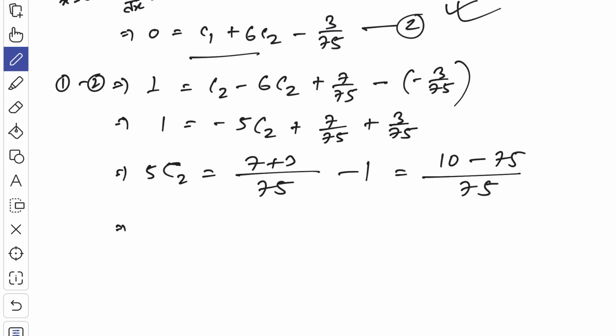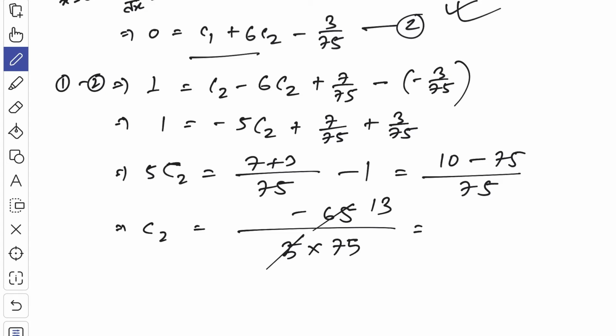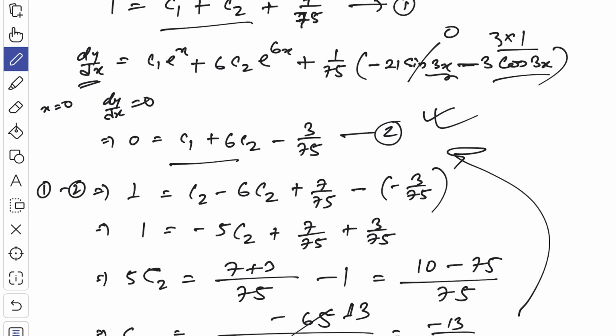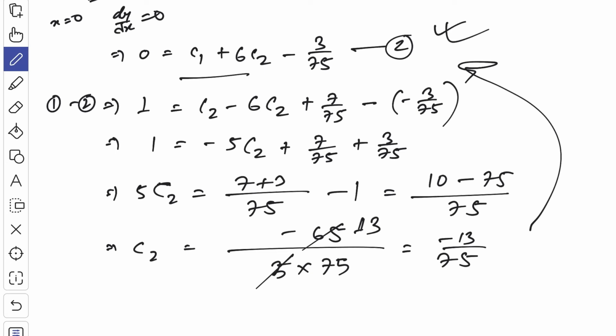So here c2 is equal to 5 by 5 into 75, it is minus 65. Then let us cancel this one, so that's minus 13 by 75. So this is the value of c2. Now let us put this value of c2 in equation number 1.